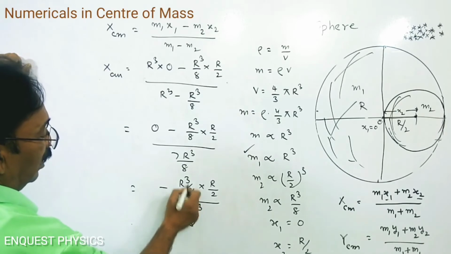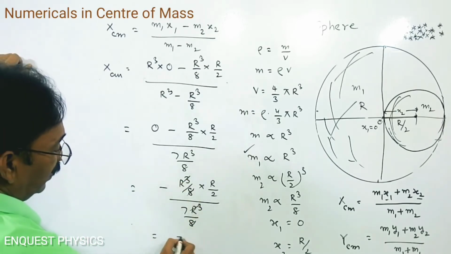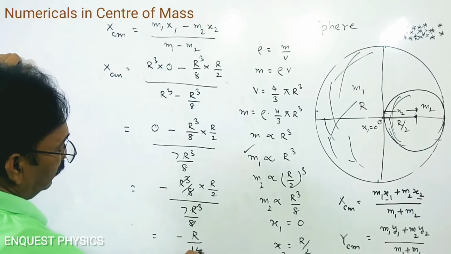Wait, 8 and r cube get cancelled, and what you get? It is minus r by 14.